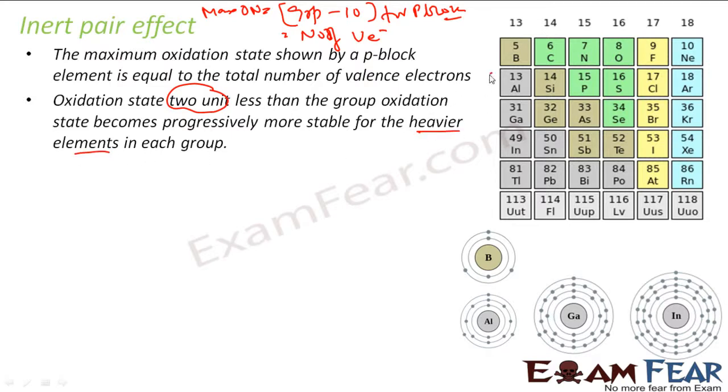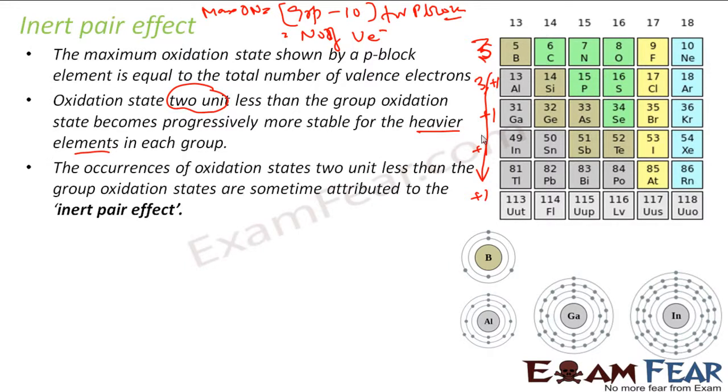Because as we go down the group, the tendency to form, for example, in this case the maximum is 5, actually 3, this also 3, and this also exhibits plus 1 more often. We will discuss why. The moment you go down, it increases. Why? Because of the s orbital. This effect is called inert pair effect, as I told.